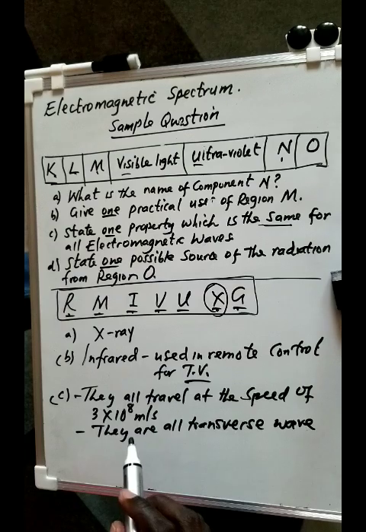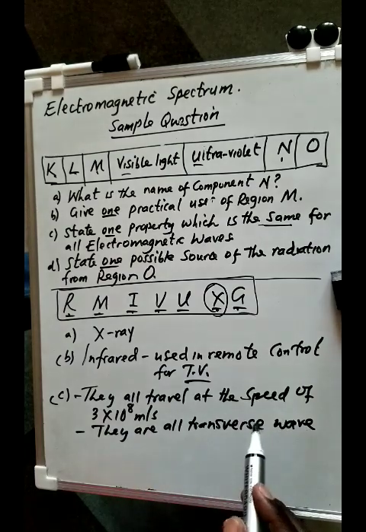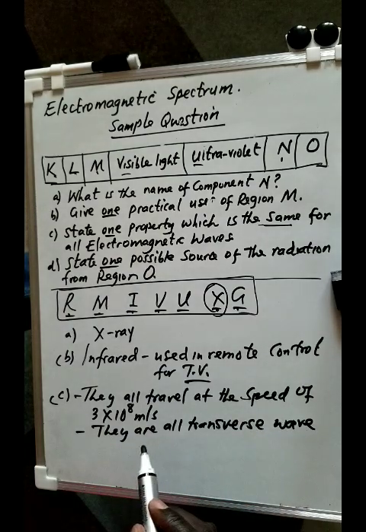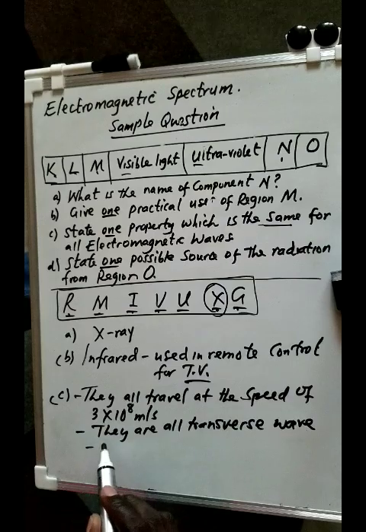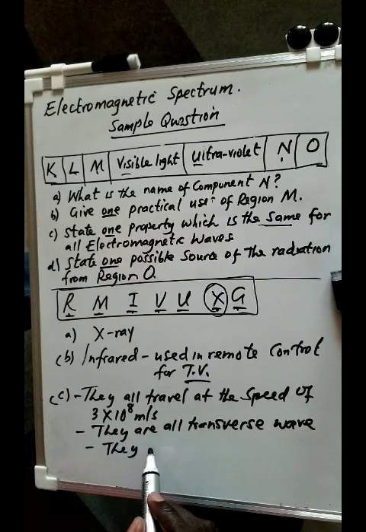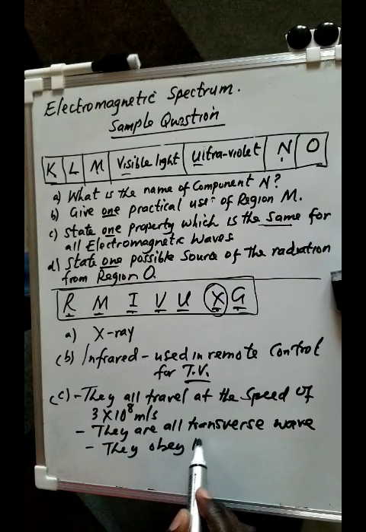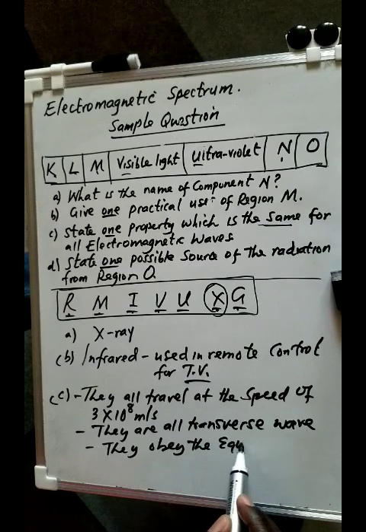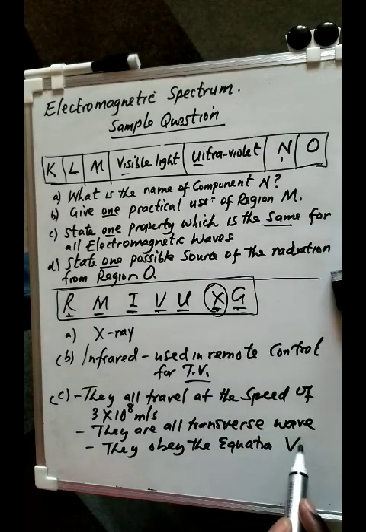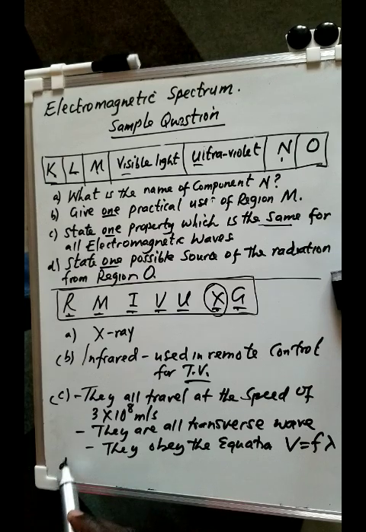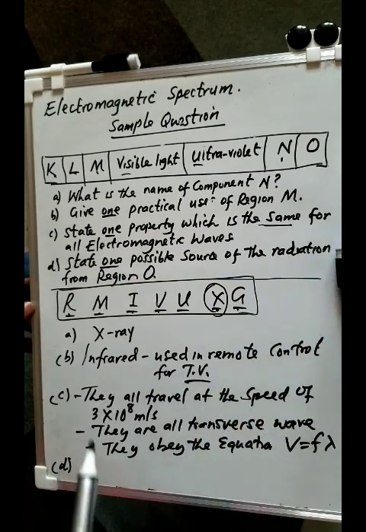Remember, we could have also said they obey the wave equation, V is equal to frequency times wavelength. So there are a lot of them. You can watch my previous video so that you can learn more on this.